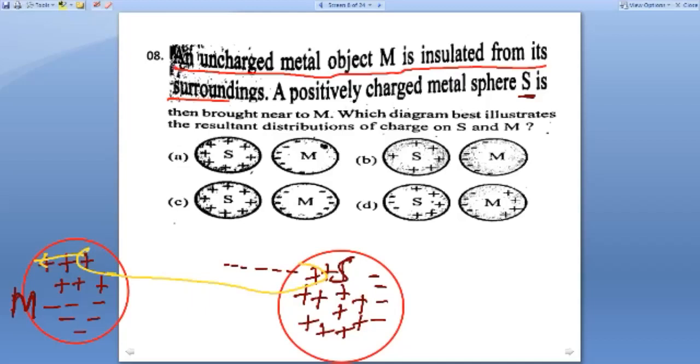So this side only has negative charges, and the other side has positive charges.